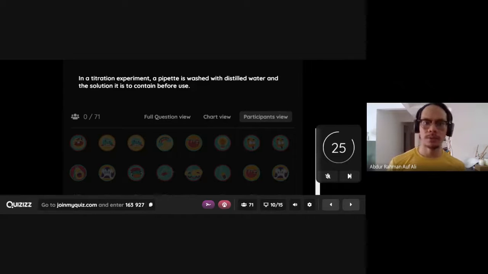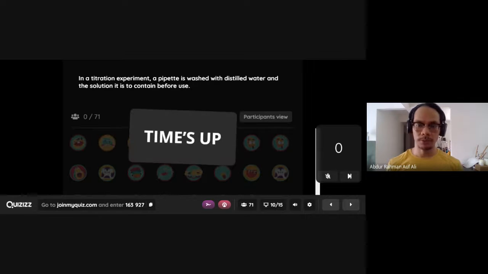In a titration experiment, a pipette is washed with distilled water and the solution is contained. Kamu tengok dulu soalan. So basically dalam soalan ni dia tanya, we wash the pipette with distilled water and then kita rinse dengan the solution that we are going to measure before kita actually guna.